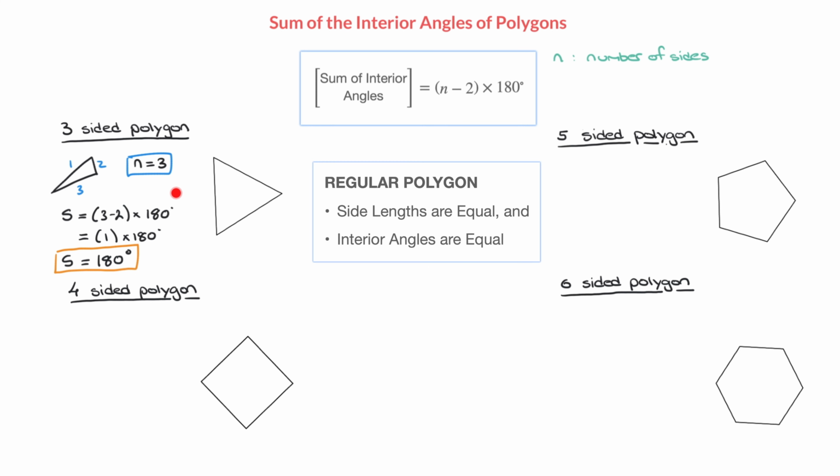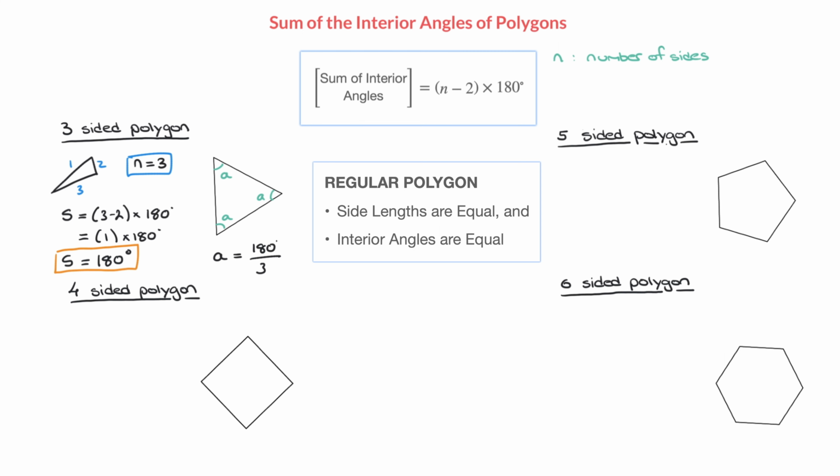But when it comes to a regular triangle, which is commonly called an equilateral triangle, all of its interior angles and all of its side lengths are equal. And consequently, if we call each of those interior angles A, so we'd have A, and A, and A, then the value of the interior angle of a regular 3-sided polygon would be equal to the sum of the interior angles, so that's 180, divided by the number of angles.